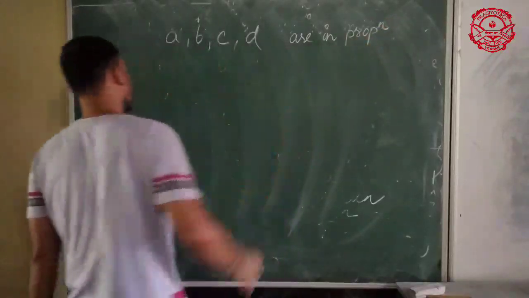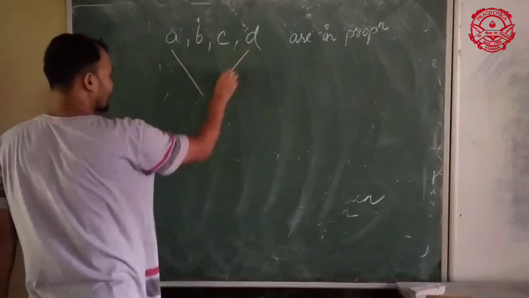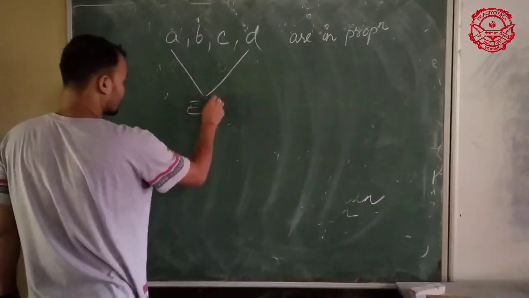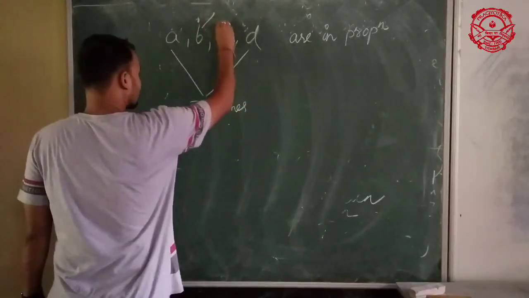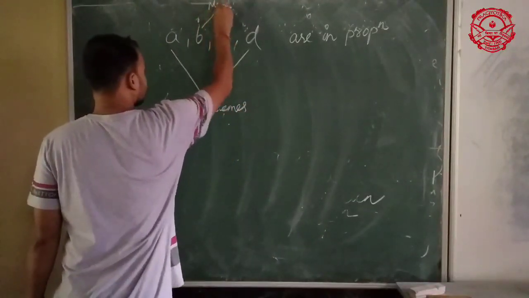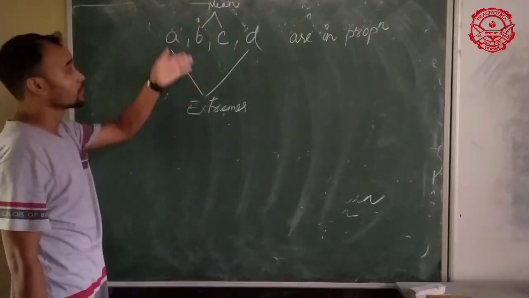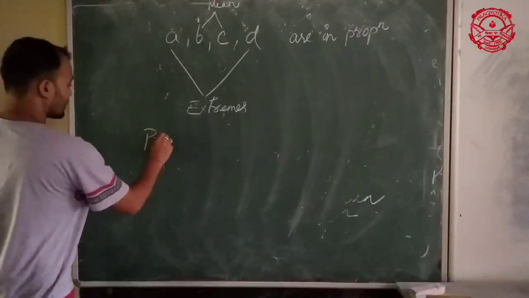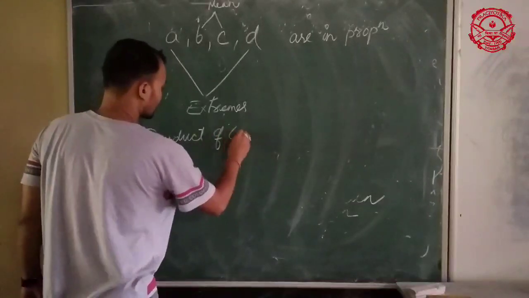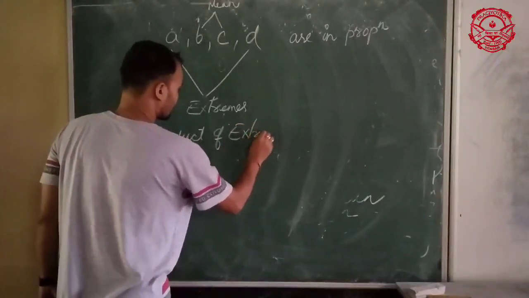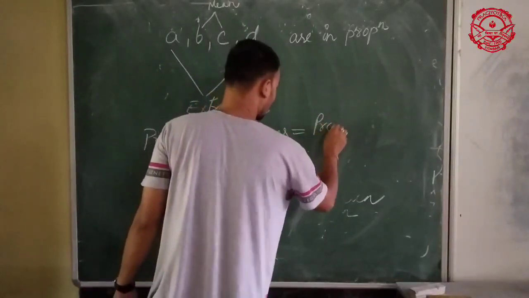Here we know that A and D are called extremes, and B and C are called means. Then the product of extremes is equal to the product of means.